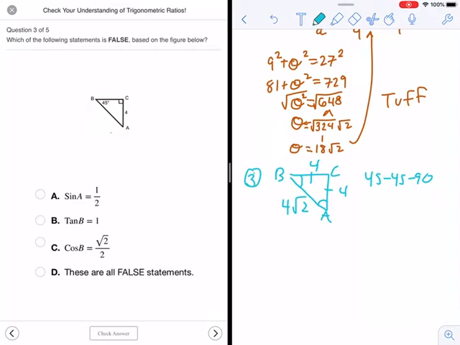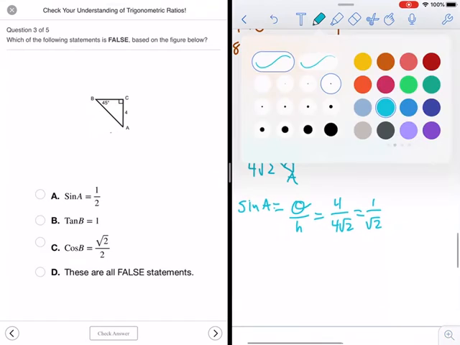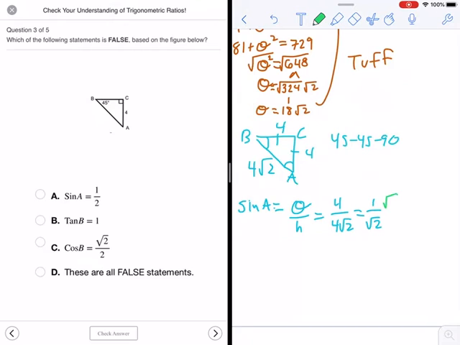So now, looking at this, sine of angle A, opposite over hypotenuse, is going to be 4 over 4 radical 2, which is going to reduce to 1 over radical 2. And then you just got to rationalize the denominator. Radical 2 over 2.